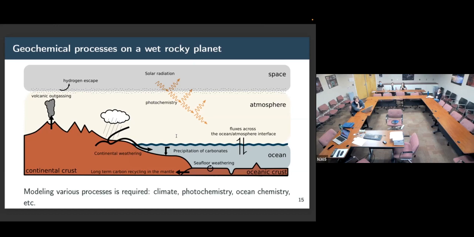Seafloor weathering promotes, and so does continental weathering actually, precipitation of carbonates, so this carbon is transferred to the crustal reservoir, removed from the ocean-atmosphere reservoirs. And carbon is also released by volcanic outgassing into the atmosphere. The balance between those processes is one of the main drivers of the climates on a terrestrial planet, as far as we understand them.